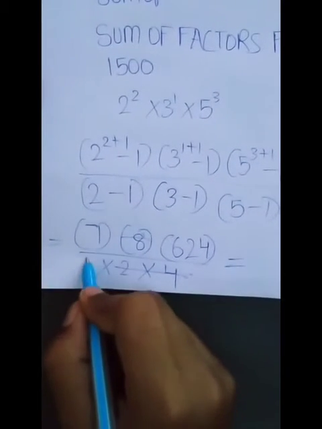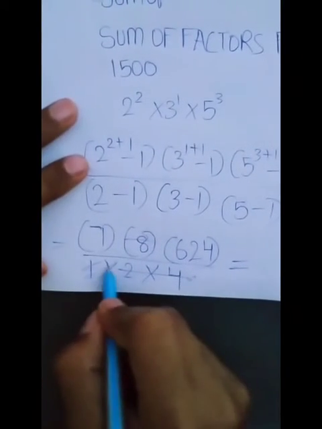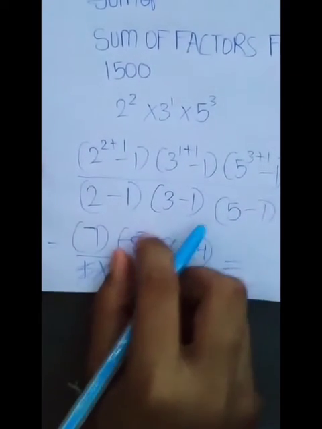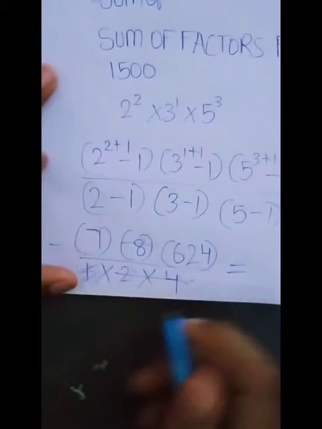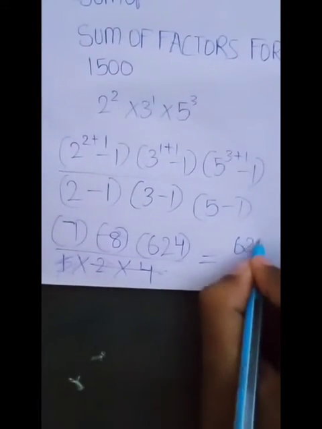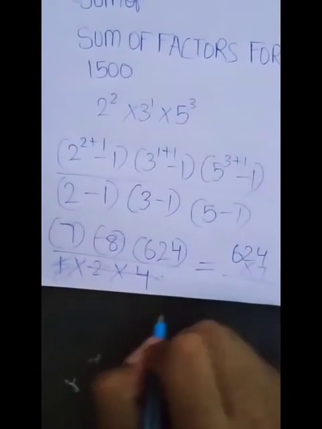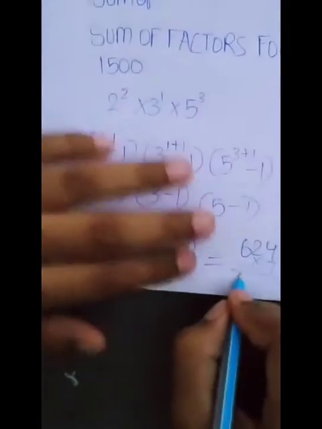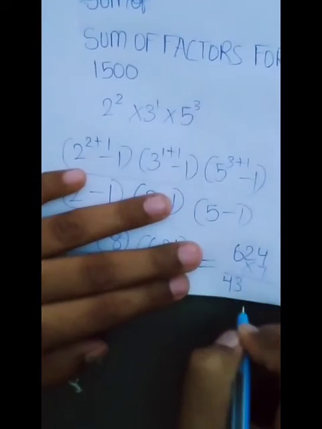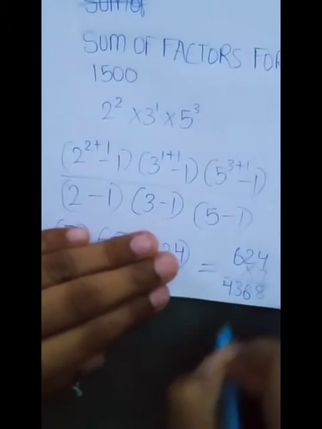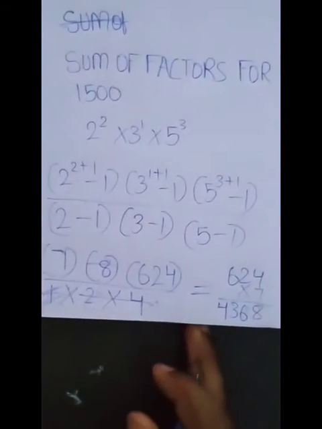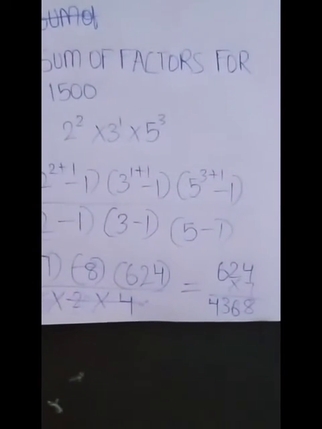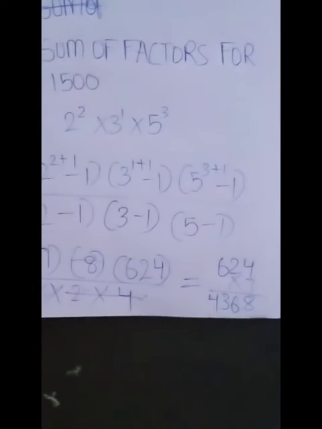We have only left 7 and 624. 624 into 7 gives us 4368. Note it down. So the answer will be 4368. Okay? Clear for you?